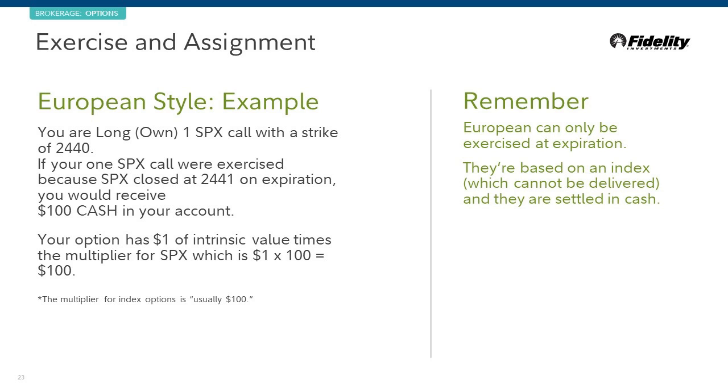But because it's an index and there's no underlying shares of stock, what will end up happening is if we bought an index option, such as the SPX, with a strike of 2,440 and it closed at, say, 1 point above, 2,441, we actually receive money at that time. Now, this is a little bit unique compared to regular stock or ETF options. Cash is only involved when it's regarding the underlying index.